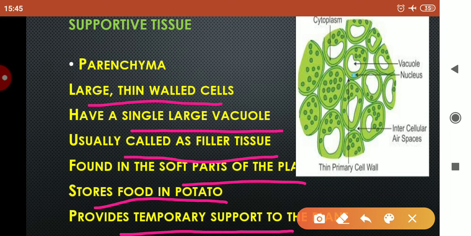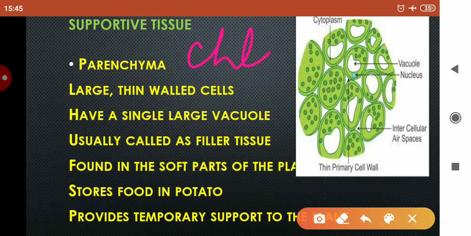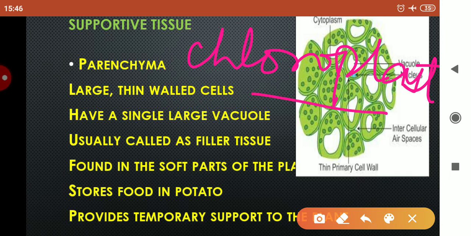Now one more thing, that suppose this parenchyma cells are present in the leaves. When this parenchyma are present in the leaves, they will be having chloroplast in them. Chloroplast is the organelle required for the process of photosynthesis. So children, when parenchyma has chloroplast in them, then it is called as chlorenchyma.